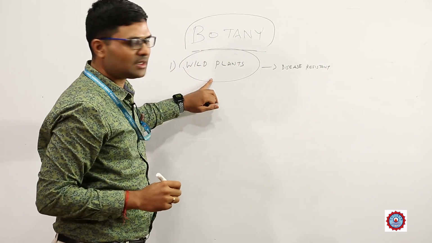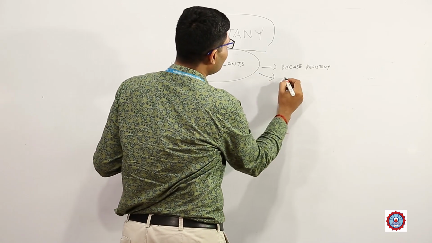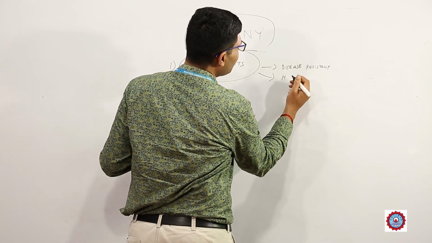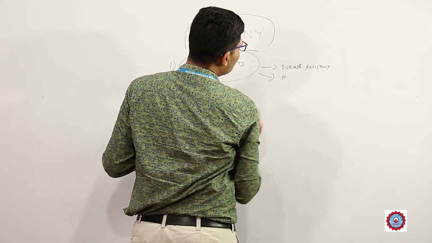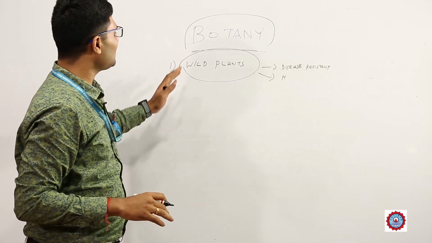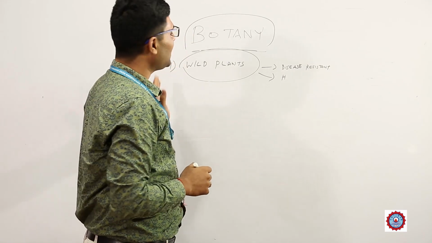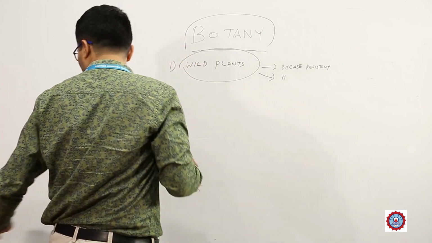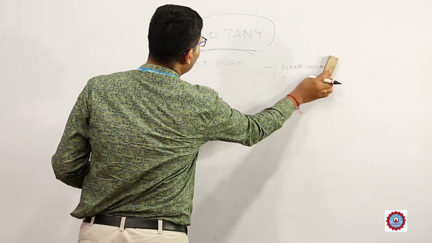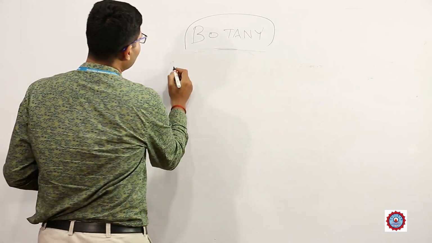They would be disease resistant, but they would produce less grain, right. So to overcome this situation, there evolved a subject called plant breeding, right.